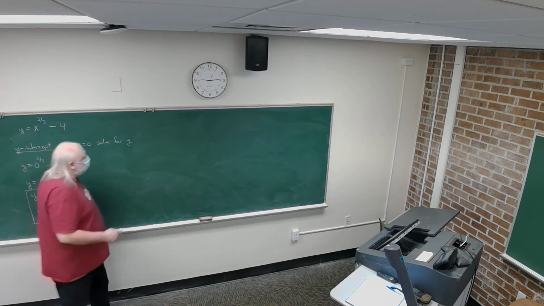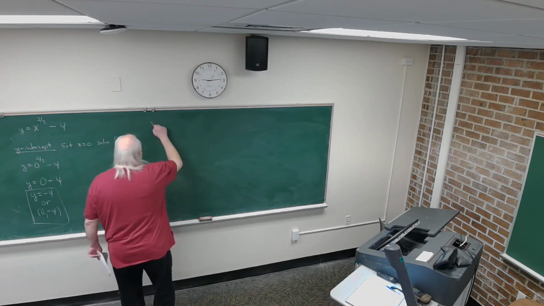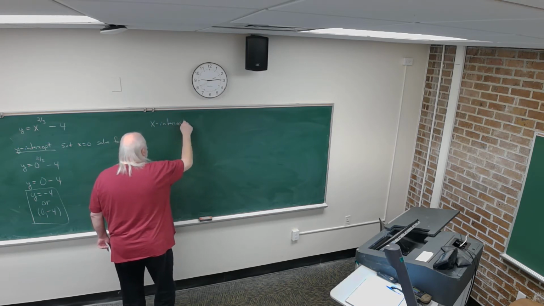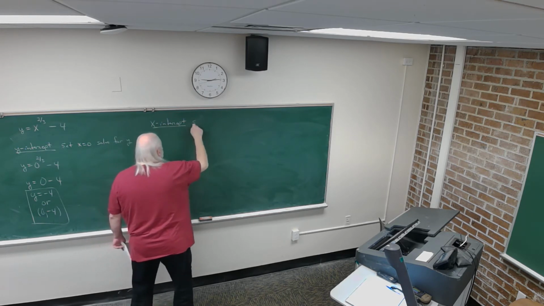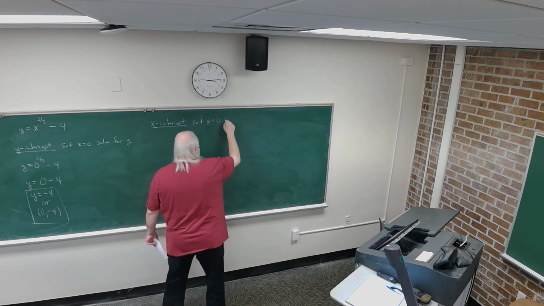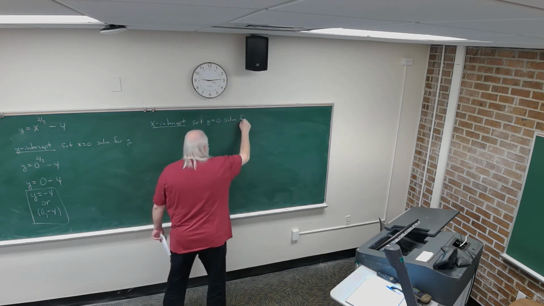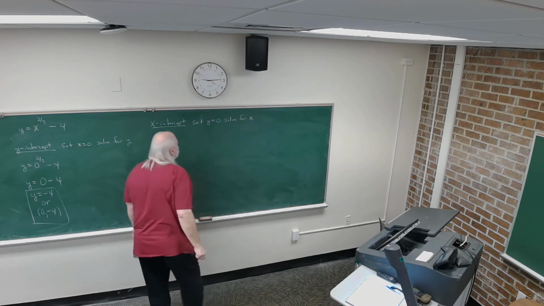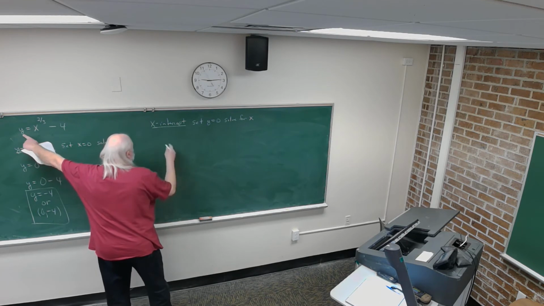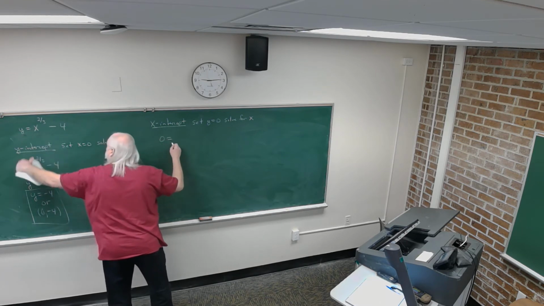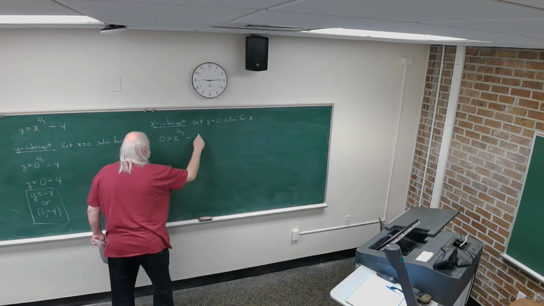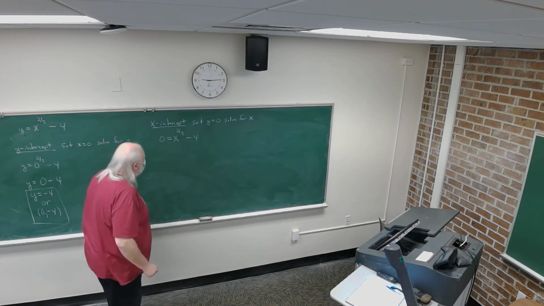To find the x-intercept, we set y equal to 0 and solve for x. So we set y equal to 0 over here, we have x to the 2/3 minus 4.